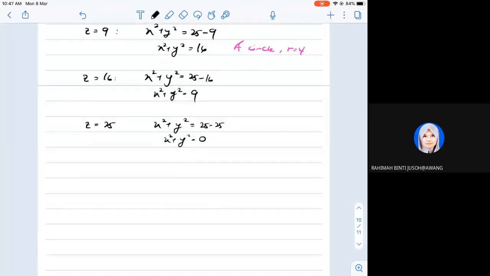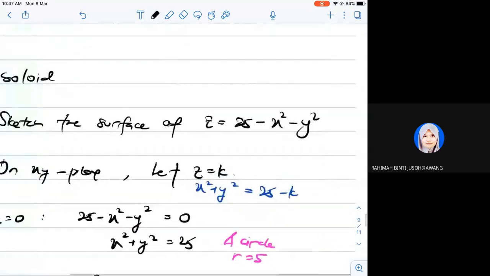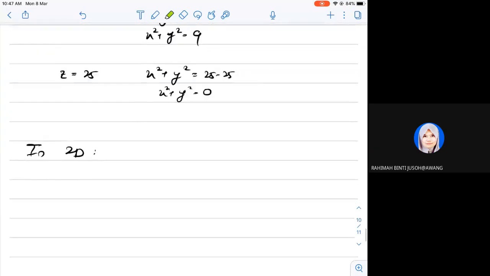Okay, into D juga. Let's say kita couplekan z dengan x. Okay, z with x. So on xz plane, we let y equals to 0, okay? So on xz plane, we let y equals to 0. So z equals to 25 minus x squared.